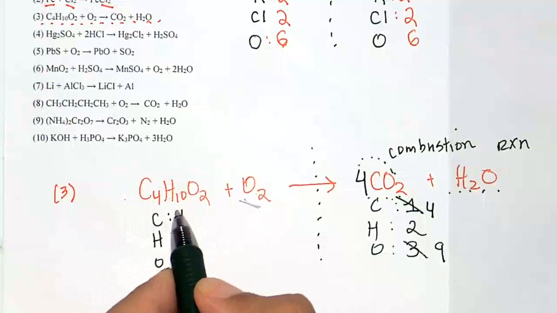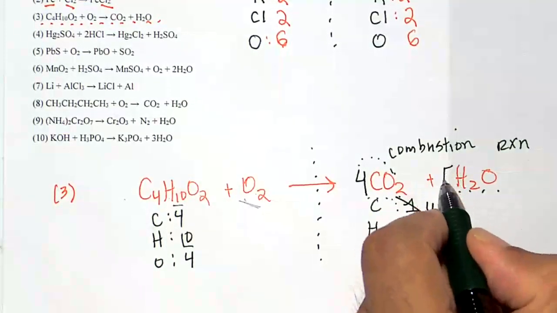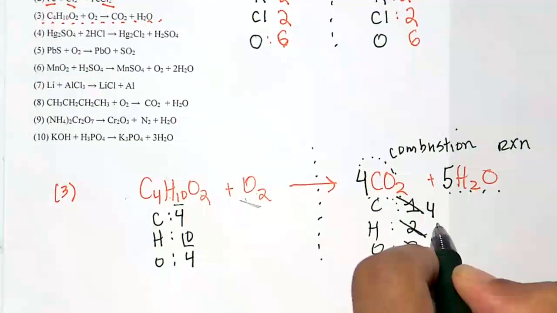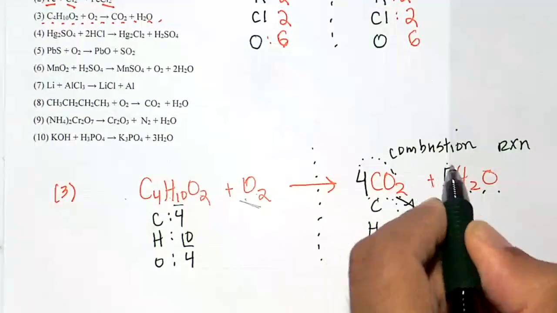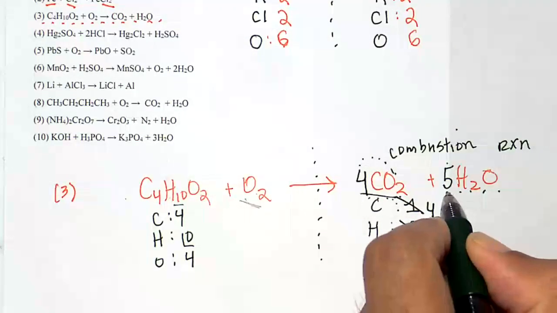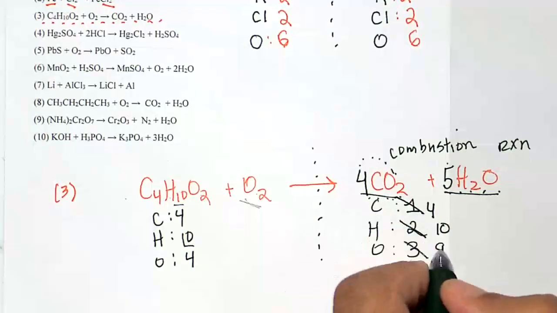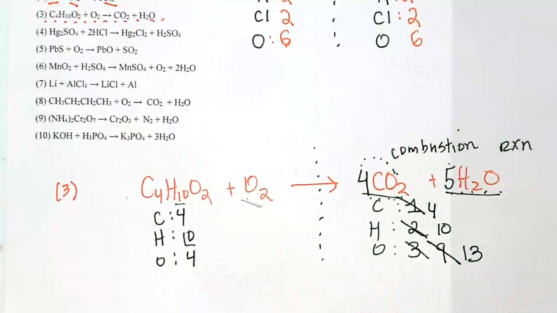What's the next apparent thing? 5. That's going to make hydrogens 10. What are my oxygens now? 8 plus 5 is 13.